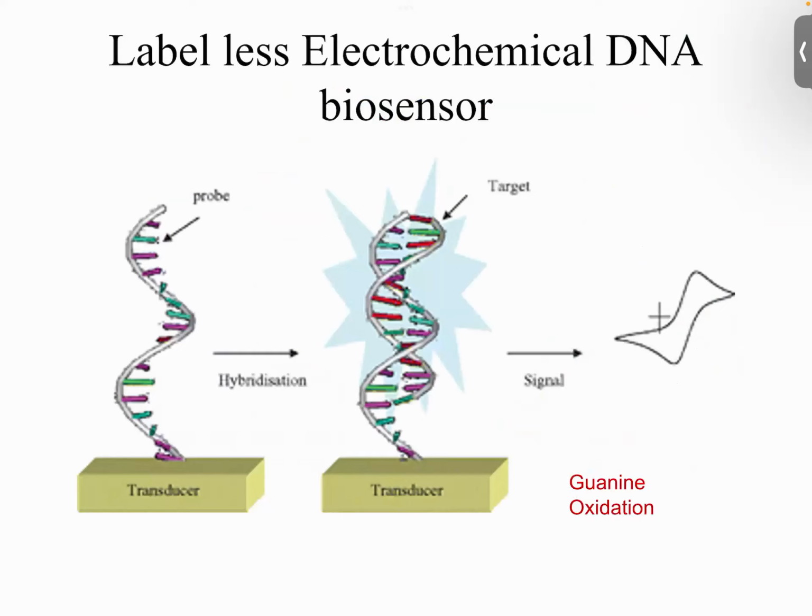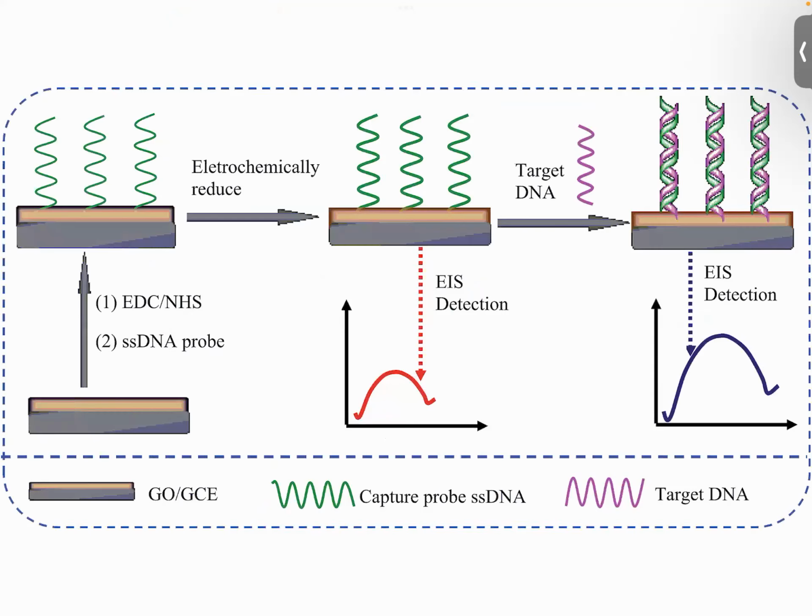Okay, there are also what we call label-free approaches, meaning an electrochemical DNA biosensor where we do not want to use any intercalators, groove binders, metal complexes or metal nanoparticles. You just let them hybridize. There are techniques that can be used. One is what we call EIS.